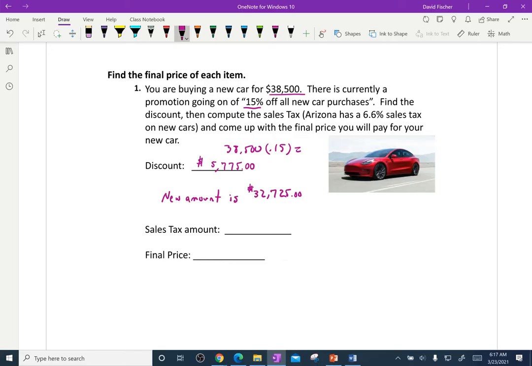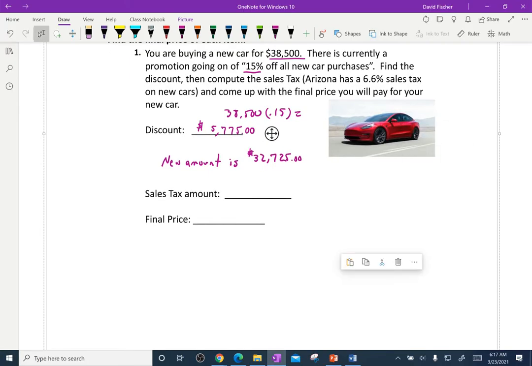All right, so now let's figure out how much we're going to pay to the state of Arizona. Again, up here they said it's 6.6. So if I have 6.6 and I move that decimal 2 places to the left, there's my tax amount. I want to pay 0.066 on this total right here.